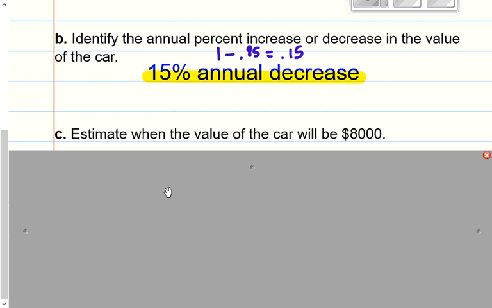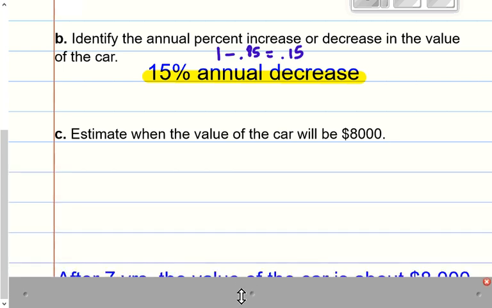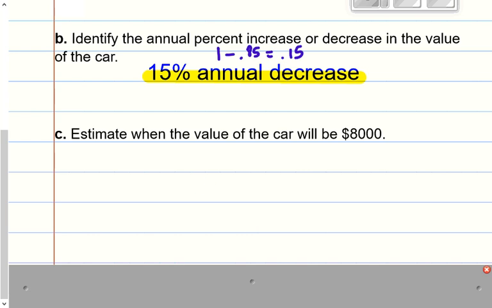Estimate when the value of the car will be $8,000. So, when will the value of the car be $8,000? Well, Y is our value in thousands. So if I write my equation down, Y equals, what was the equation? Let's go back and look.